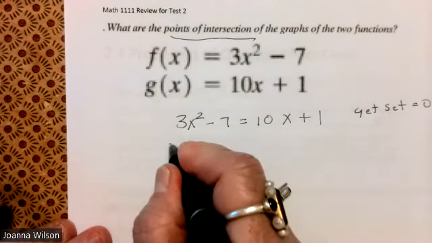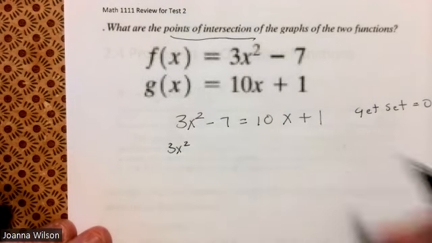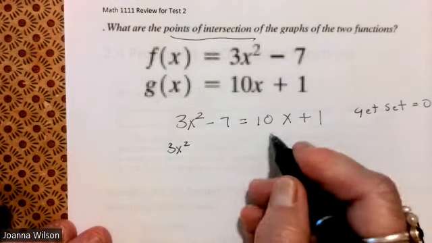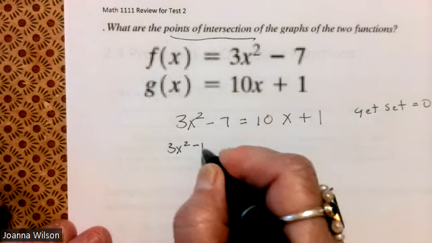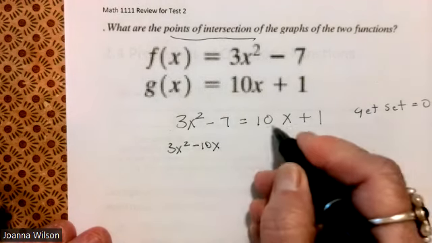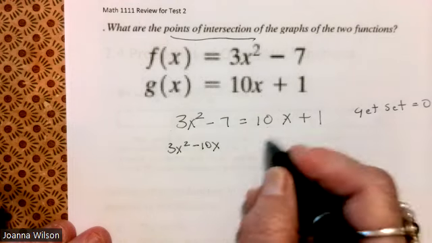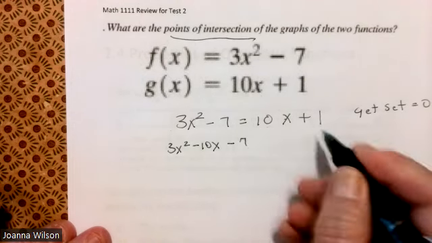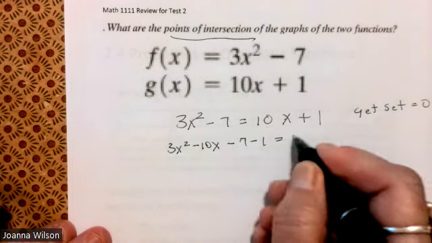So I will subtract 10x from both sides. And so it'll go away over here. And then I've got the -7, and I'll subtract 1 from both sides.